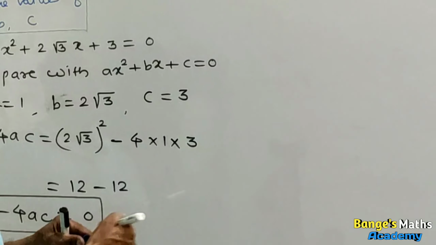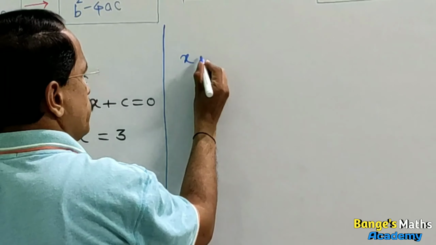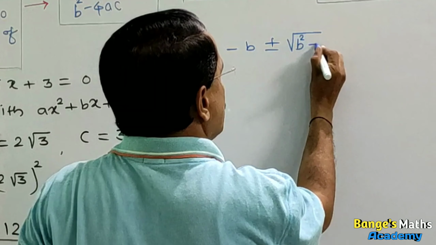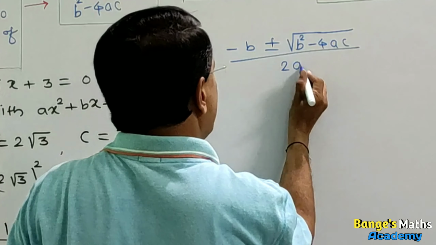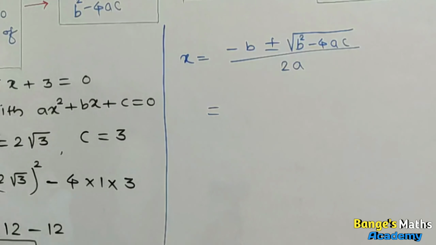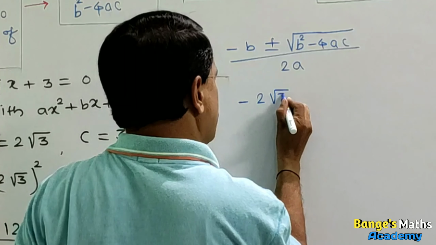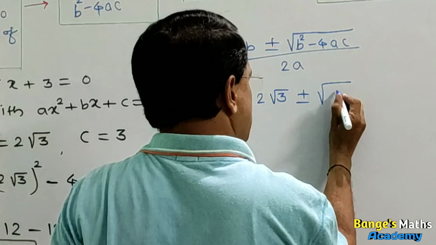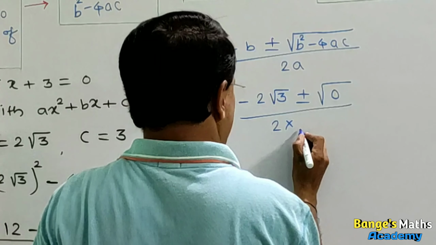Then by using the formula x is equal to minus b plus or minus square root of b square minus 4ac upon 2a, put values of a, b and c: minus value of b, 2 root 3, plus or minus square root of b square minus 4ac, which is 0, upon 2a, 2 into value of a, which is 1.